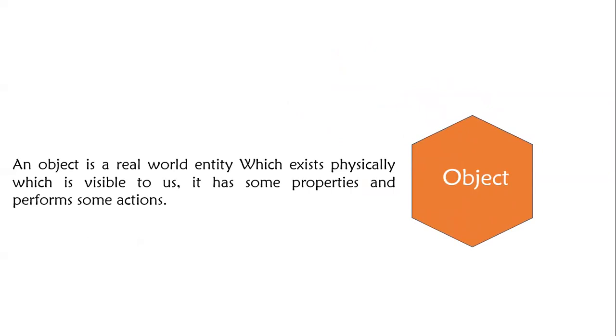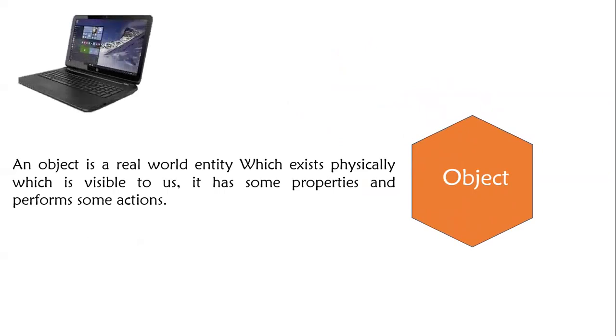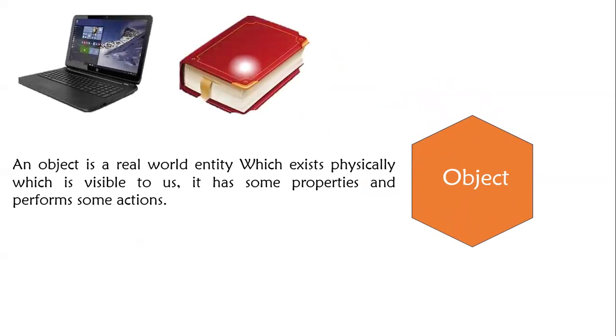In your surroundings, you can see any physical entity which is visible to us, and it has some properties and can perform actions. That is considered an object. For example, the laptop you're using, the books you have, or the pen we use, all of this comes under objects which are visible to us. They have some properties like shape, and we use them for a particular purpose.